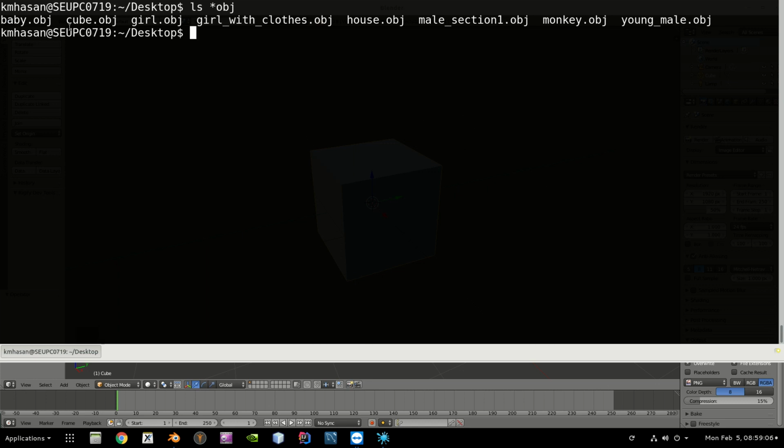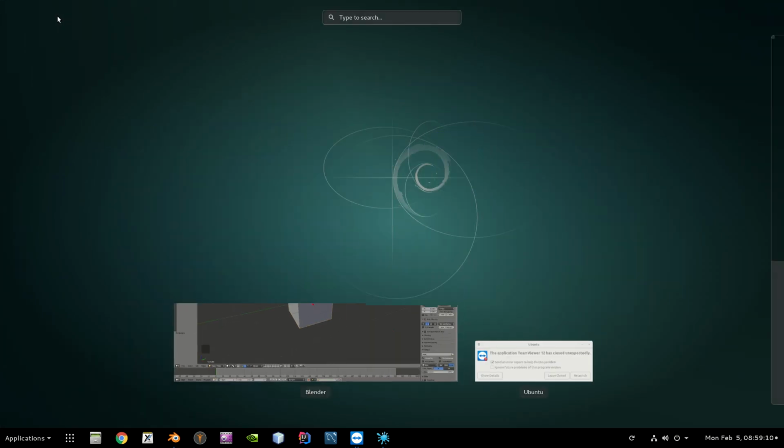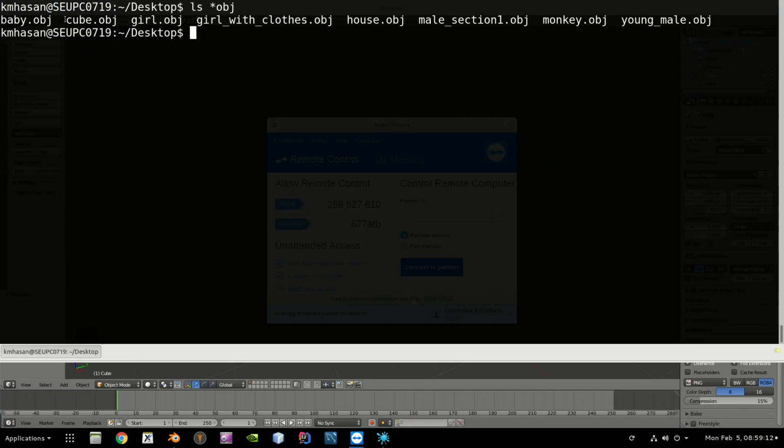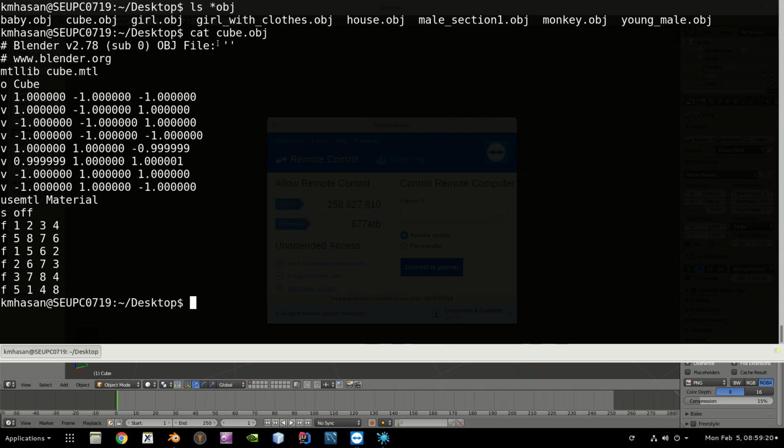Right, so we are here on the terminal, and we see that there is a cube.obj file, this one, and we can try looking at the content of it. See, this one's a plain text file. So this is very much human readable, and most 3D software would know this format.